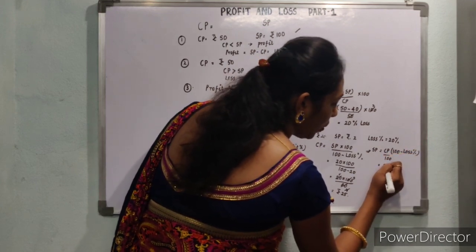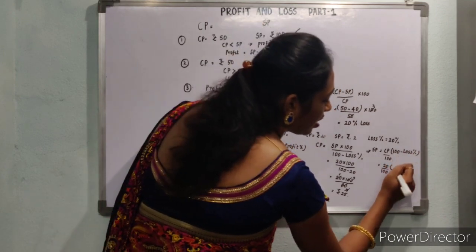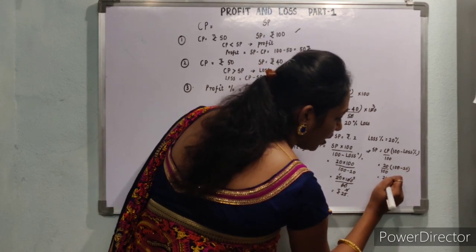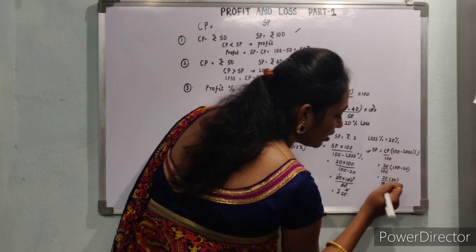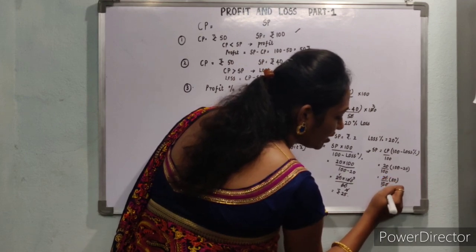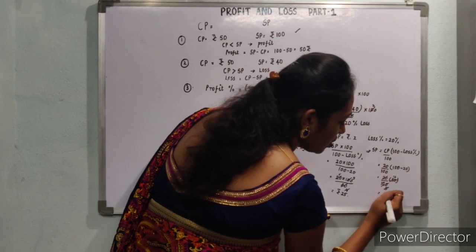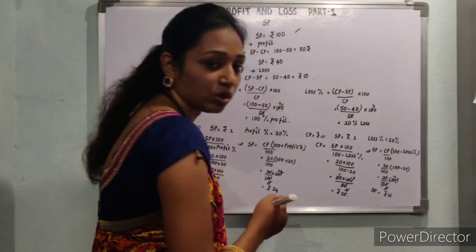So we'll get 20 divided by 100 into 100 minus 20. So we'll get 20 divided by 100 into 80. So this will go 5 times and this will go 16. So selling price is 16 rupees.